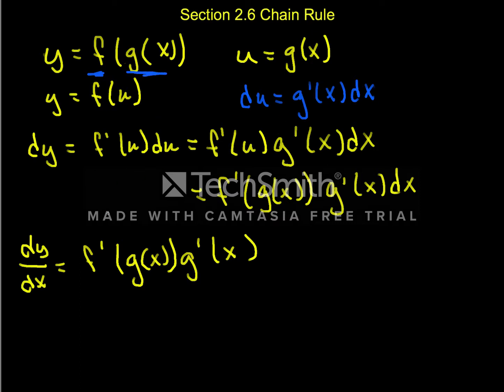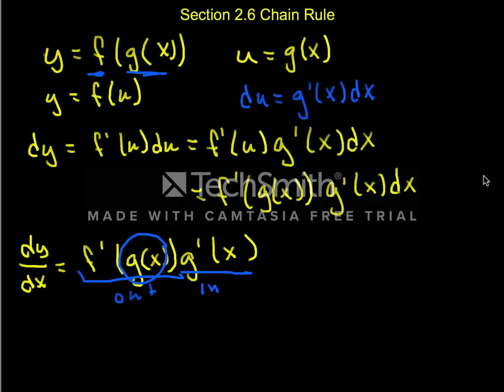So when I take the derivative of a composition, this is the inner function, and this is the derivative of my outer function. And it's just the product of those two. You've got to remember that the derivative of the outer function is still evaluated at g, but then the derivative of the inner function is just multiplied on the outside.